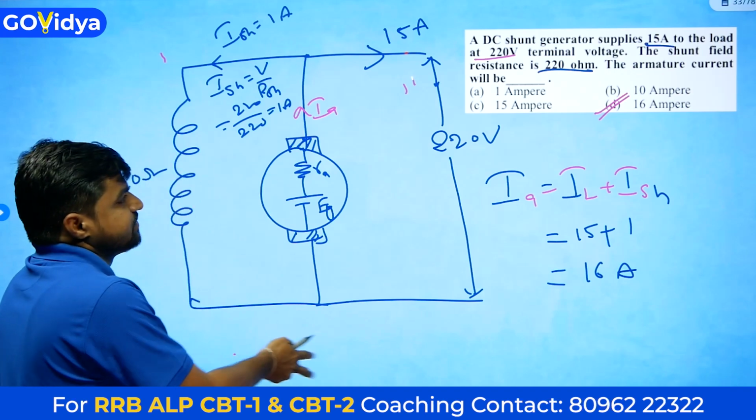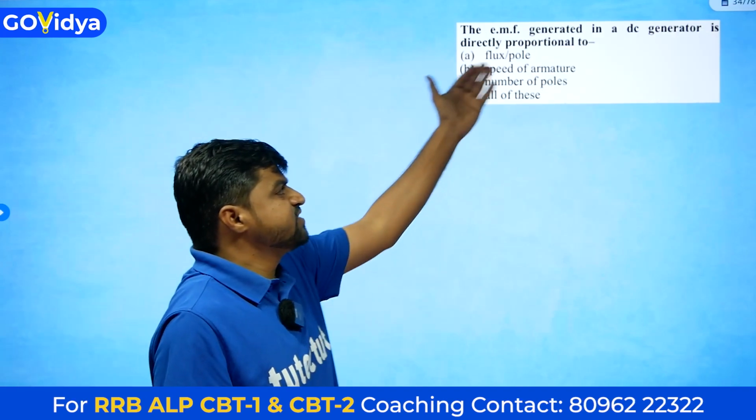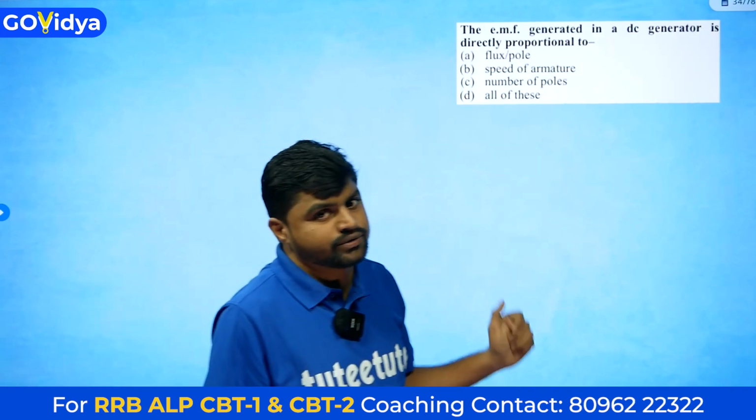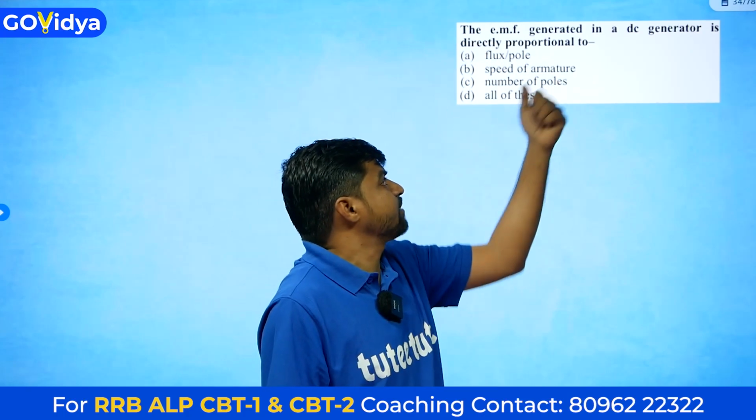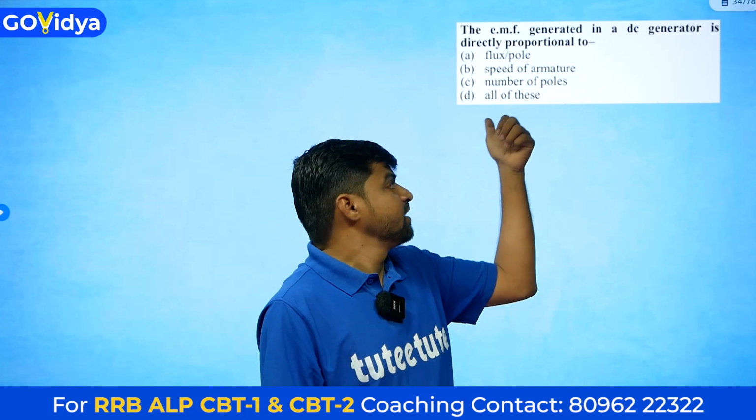Next question. The EMF generated in a DC generator is directly proportional to: flux per pole, speed of the armature, number of poles, or all of the above.